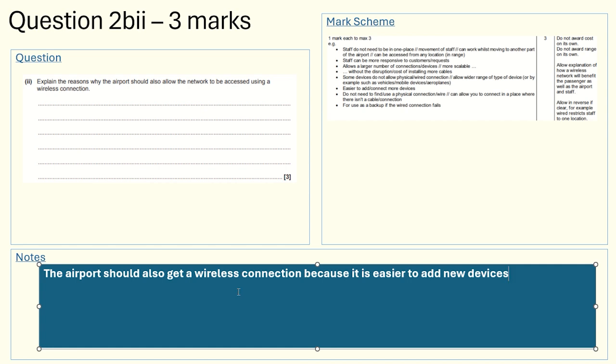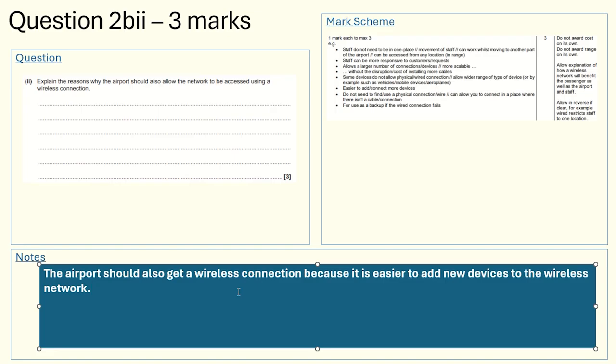Whereas if that was a wired network, we'd have to get a laptop or something that's got an Ethernet port on it. We'd need to get a cable. We'd need to find a space in the wall to be able to plug it in. So we know that it's easier to add new devices to the wireless network. That would be a first point.